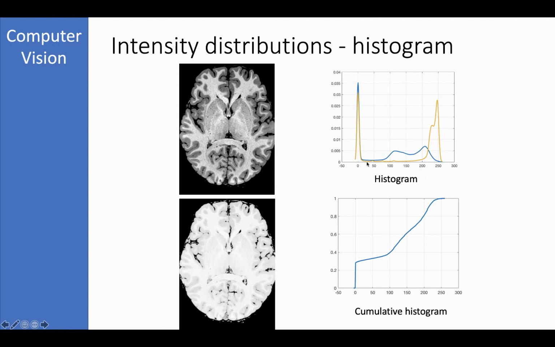So there are not a lot of pixels with intermediate intensity values and a lot of pixels with very high intensity values. I can see the same effect in the cumulative histogram as well. Now I have the background, so I shoot up as I take the integral of the histogram. Then there is some stable region for a while, and very high intensity values have a very high number of pixels, so the cumulative histogram increases quite rapidly.